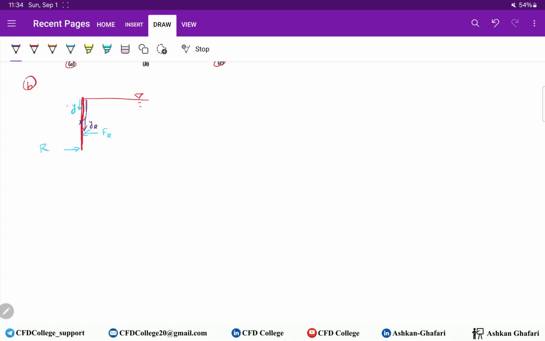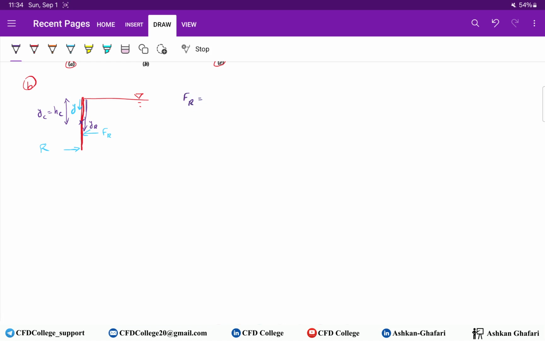Here at the middle we have hc, which is equal to yc in this case because we have a vertical gate.